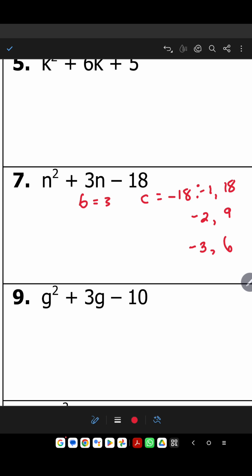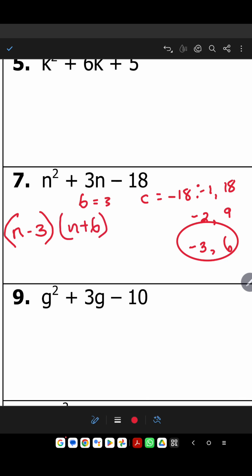And if we add a negative 3 plus a positive 6, then guess what, guys? This is our winner. So our factors here will be n minus 3, n plus 6. Ta-da! That's it.